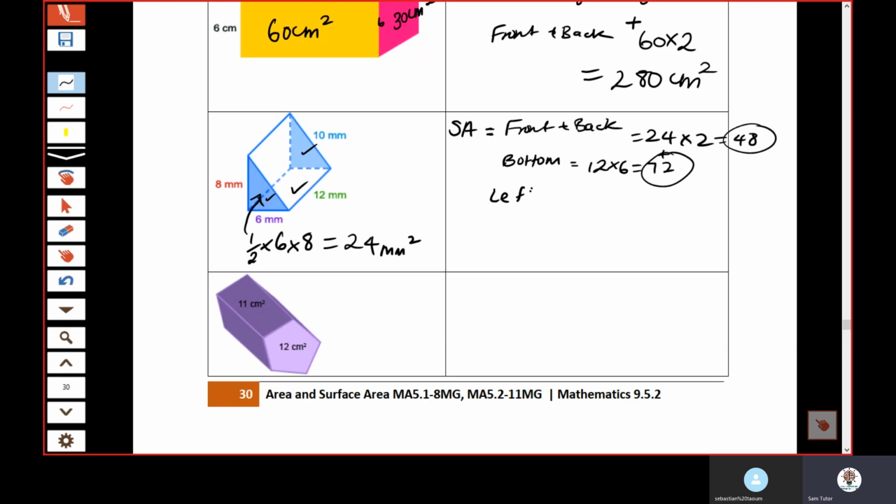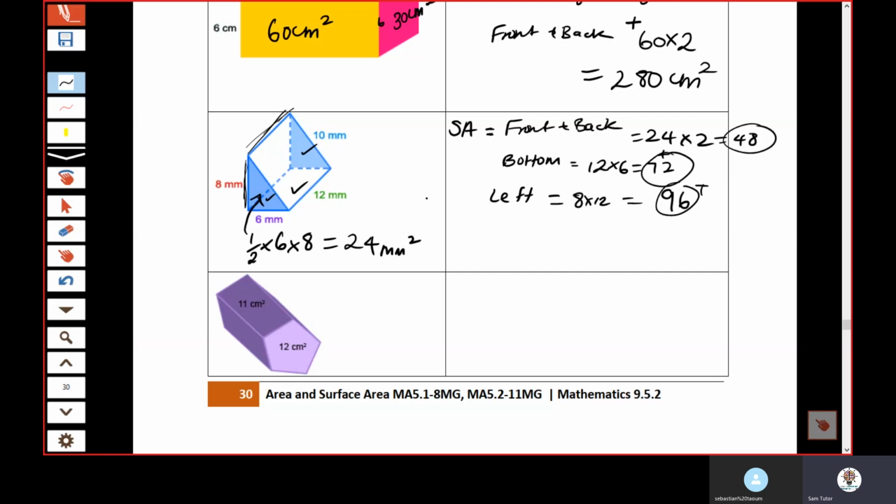Then I've got the left bit. You can't say left and right because they're not the same. So left is going to be 8 times 12, 96. You're going to add that as well.